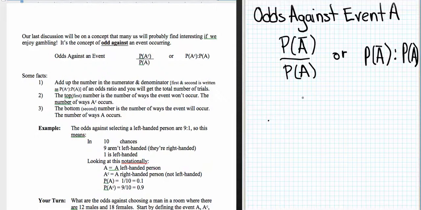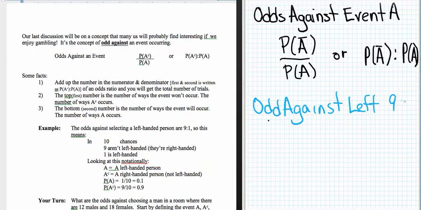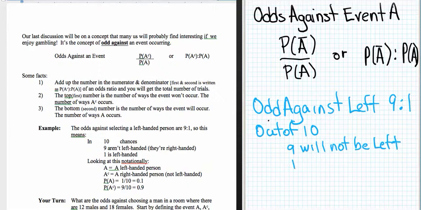So the odds against selecting a left-handed person are 9 to 1. So what this tells me is that out of 10 people, 9 will not be left-handed, and 1 will be left-handed.